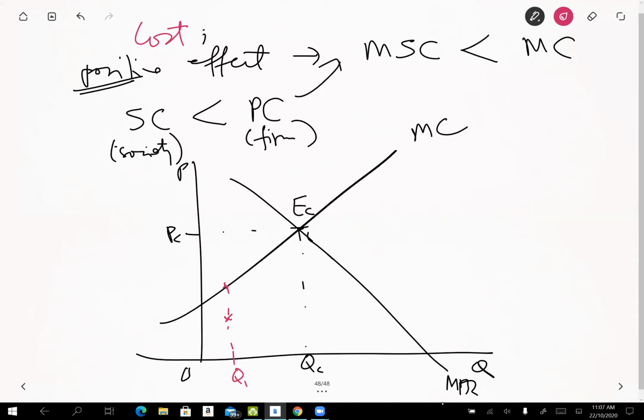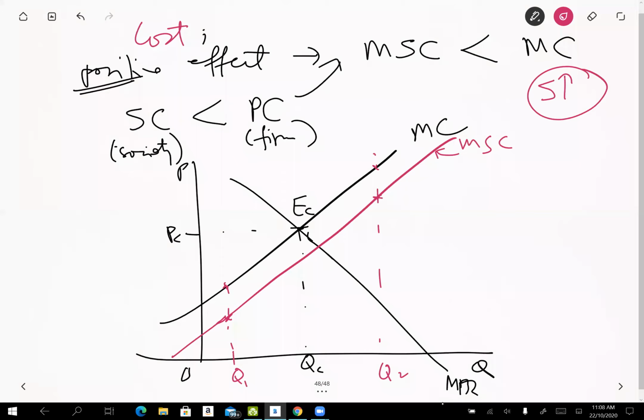Similarly, if I take another point, say Q2, the marginal cost is larger than the MSC, so therefore our marginal social cost will be that one. So the marginal social cost is to the right of the marginal cost. You just treat it like an increase in supply. The situation is similar to the case of an increase in supply, and that is our social equilibrium.